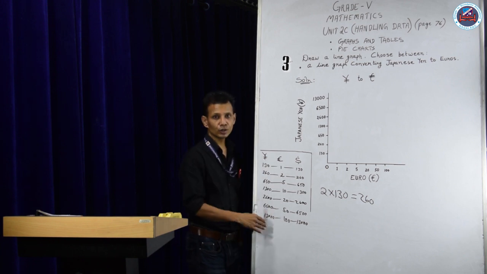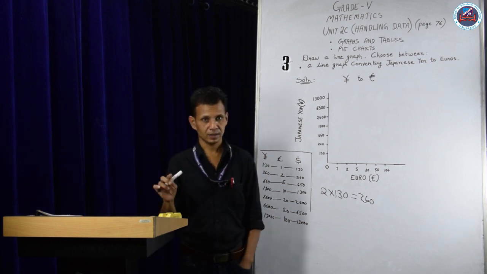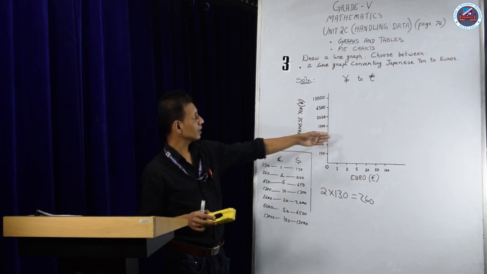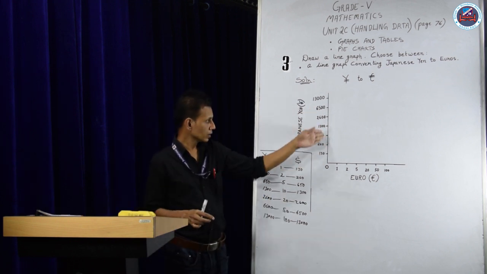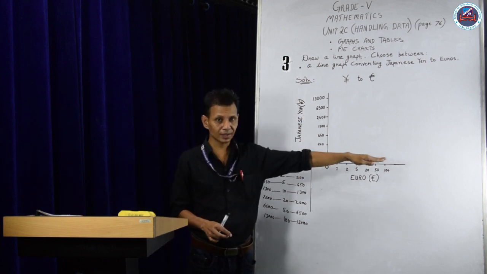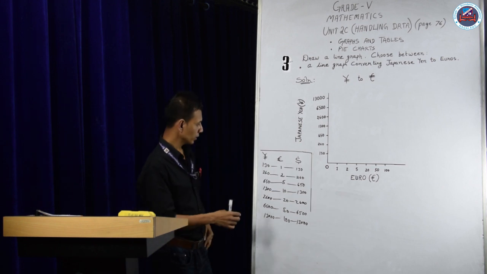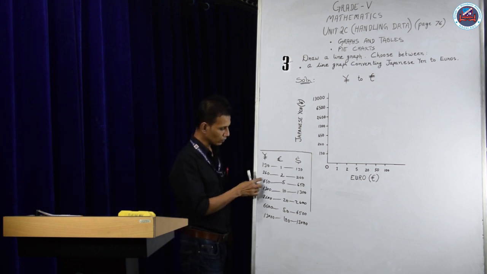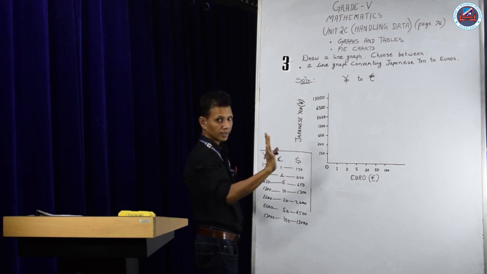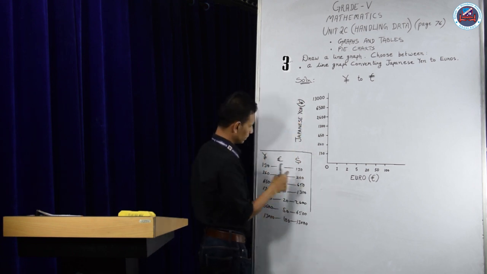So this table you have worked out in question number 1. Clear? Using this table, we are going to draw a line graph. You draw one vertical line and one horizontal line. Now you count 1, 2, 3, 4, 5, 6, 7 on each.